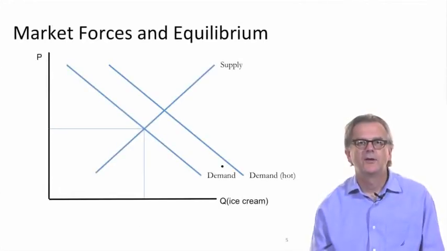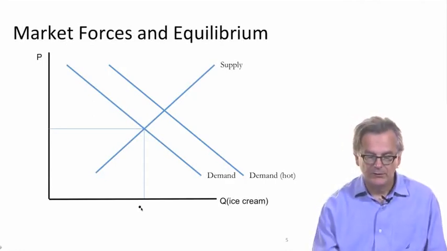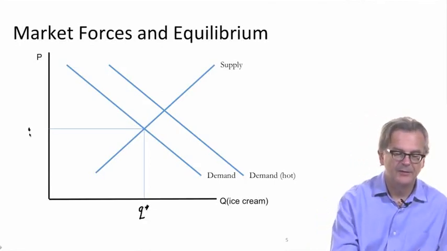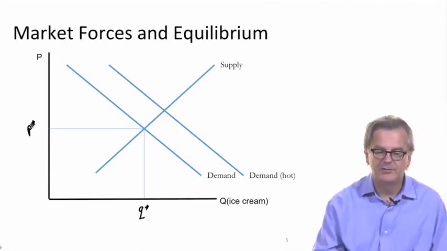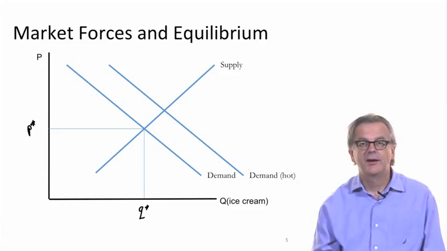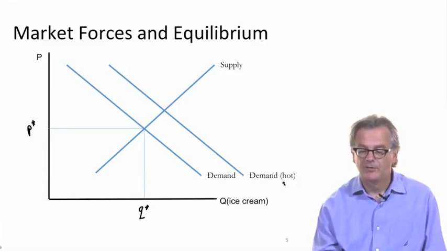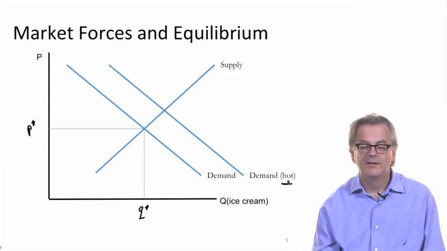One of the useful things that this analysis can be put to is to answer the question, what happens to that equilibrium combination of price and quantity, if there's some fundamental change in market conditions? Now, we're talking about ice cream, and one of the important determinants of the demand for ice cream is going to be the weather. So we would expect that on a hot day, there's going to be more demand for ice cream.